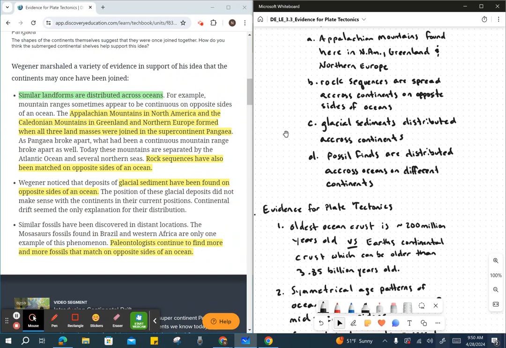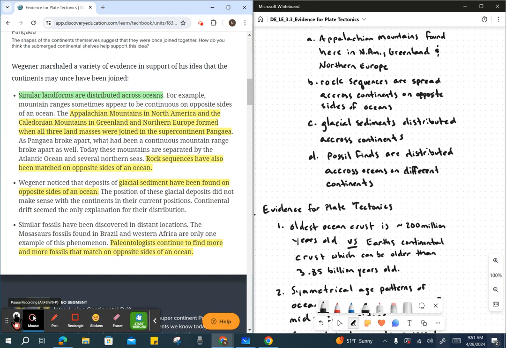So, this is what we mean by a similar landform that has been broken up and is located on different continents. Rock sequences are also spread across continents. You may be looking at sedimentary rock, or some other type of rock layer from a particular time in Earth's history.